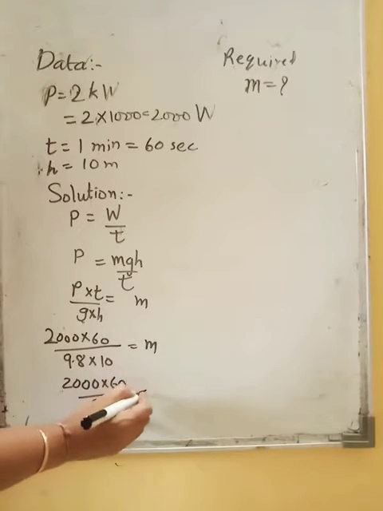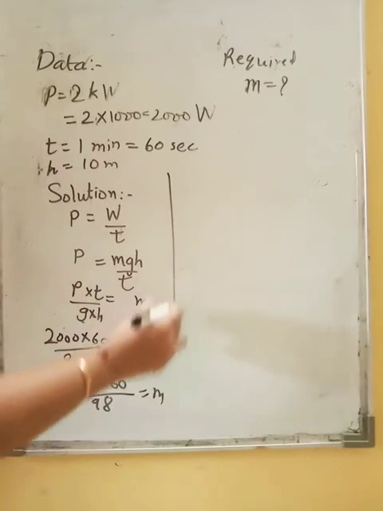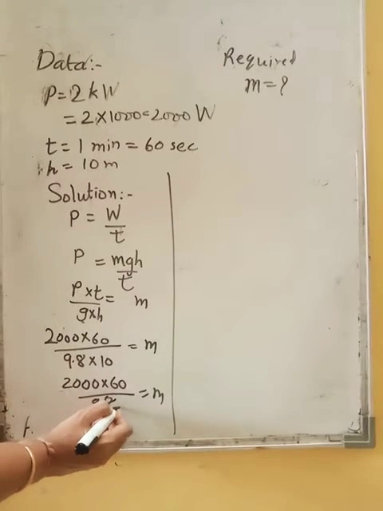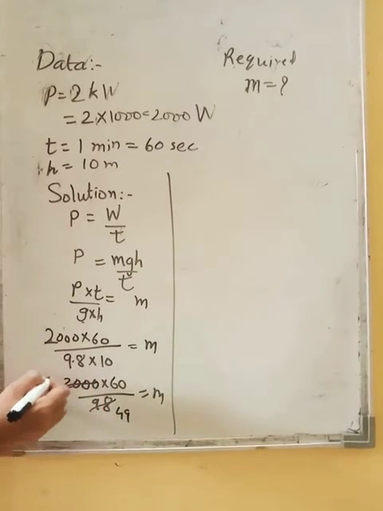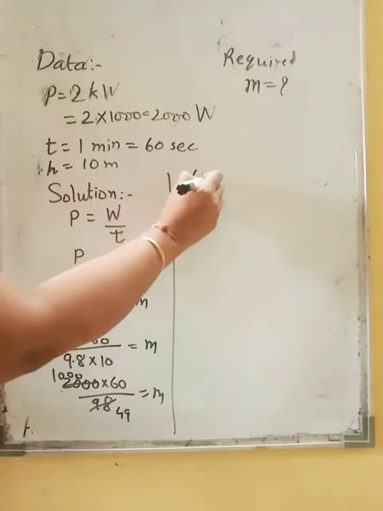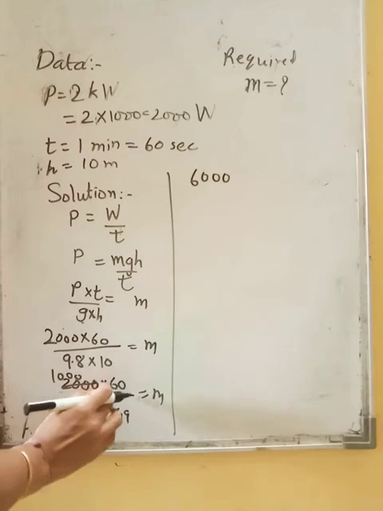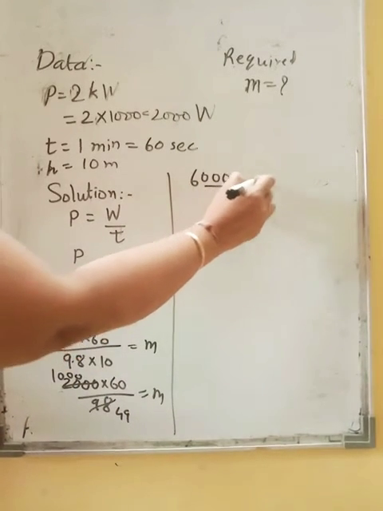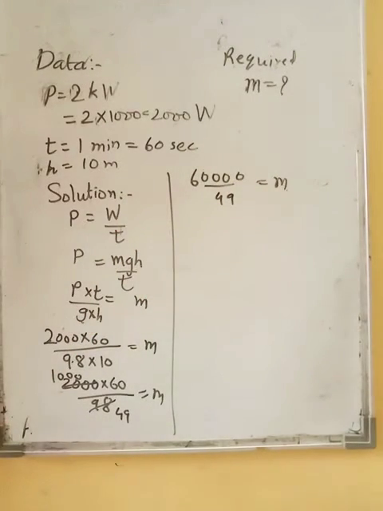Now do the possible cancellation, children. So here I am having 49, here I am having 1000. So what will we have? 6 and then how many zeros are there? 1 from this and 3 from this. So 6 with 4 zeros divided by 49 is equal to m.